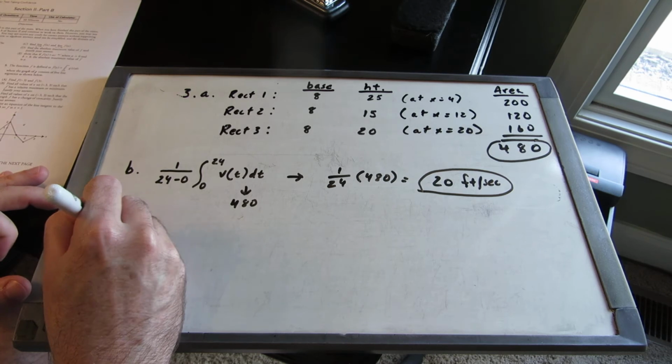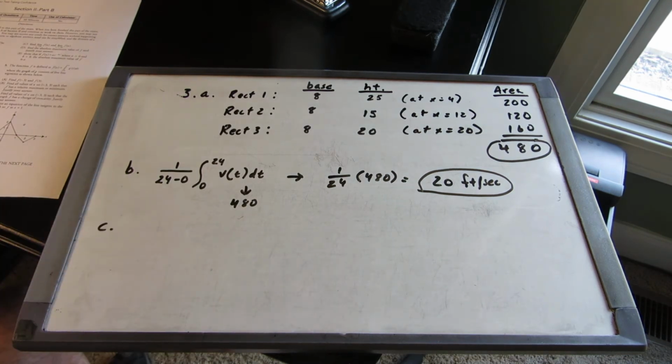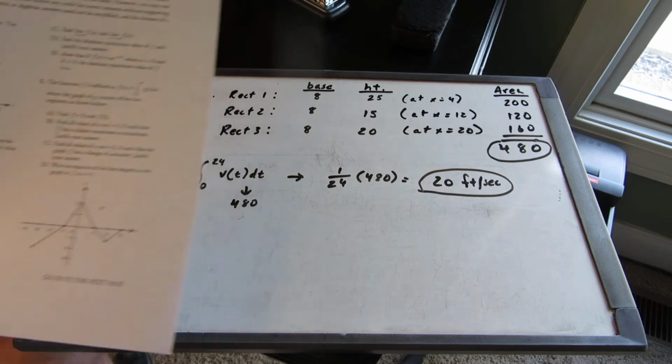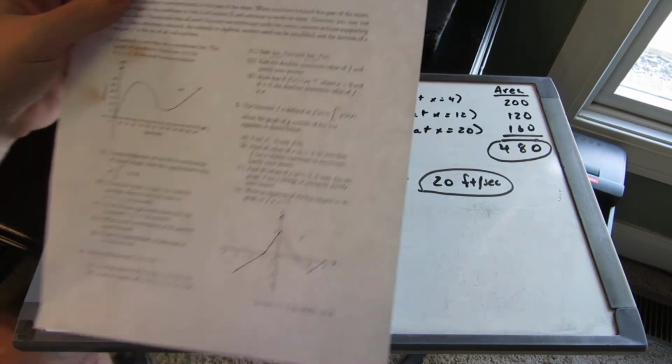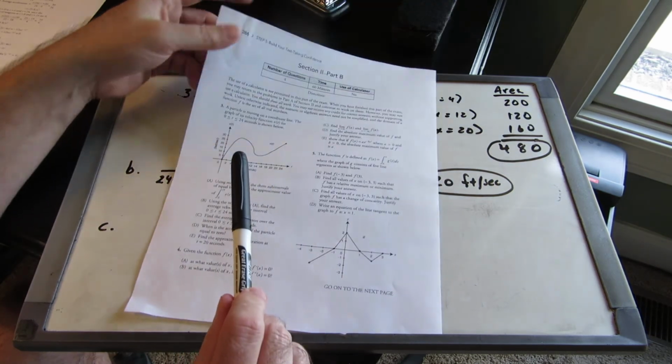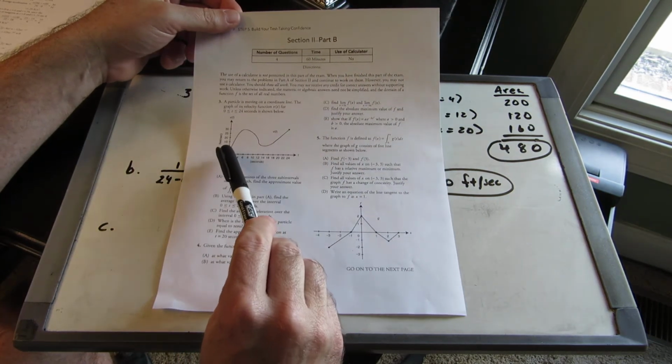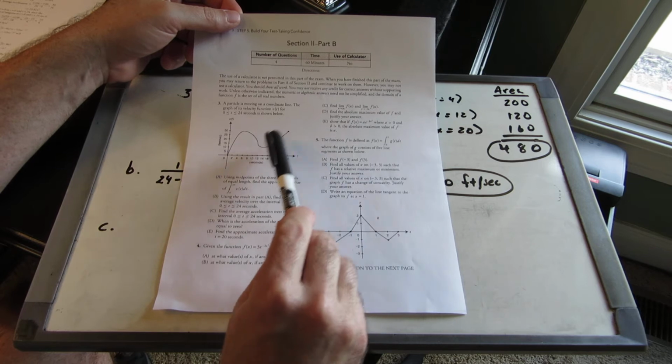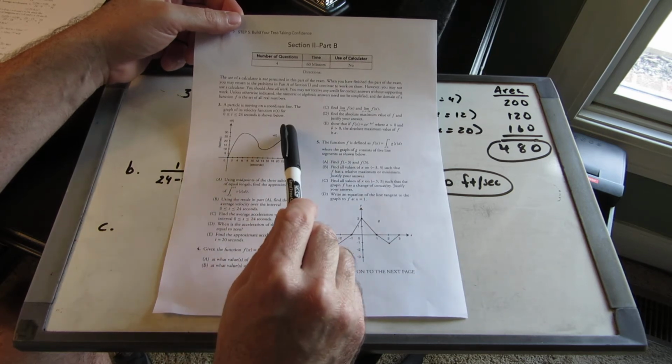All right, part C says find the average acceleration. So the average acceleration is not the slope at any particular point, but the slope of the secant line.